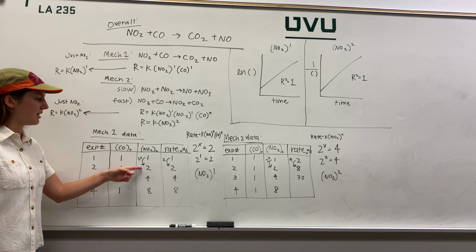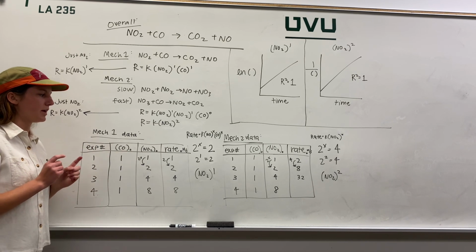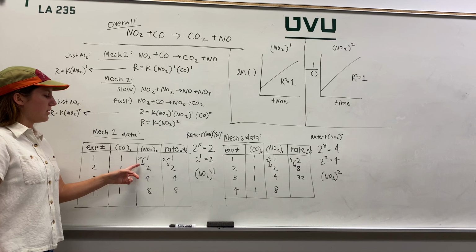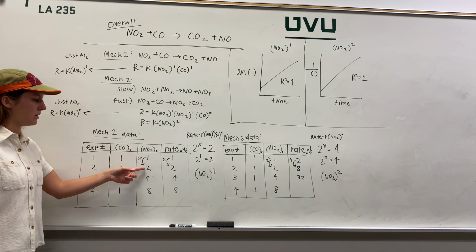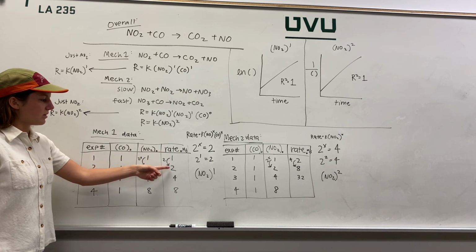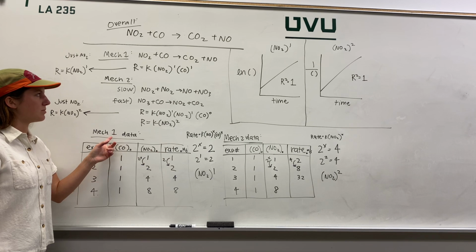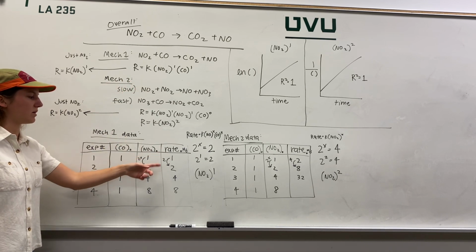And then as the initial concentration of nitrogen dioxide doubles, from 1 to 2, we'd see how the rate also changes, which if it was mechanism 1, we would see that also doubles.